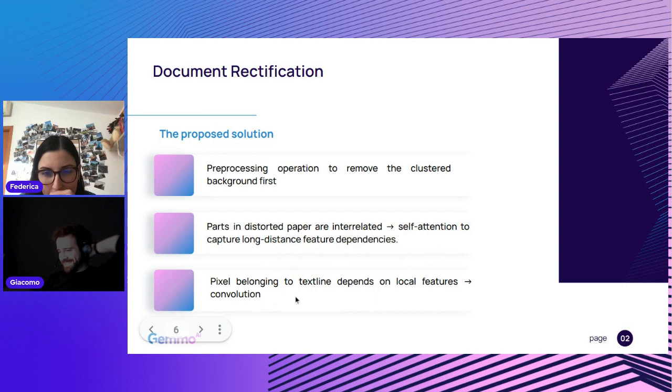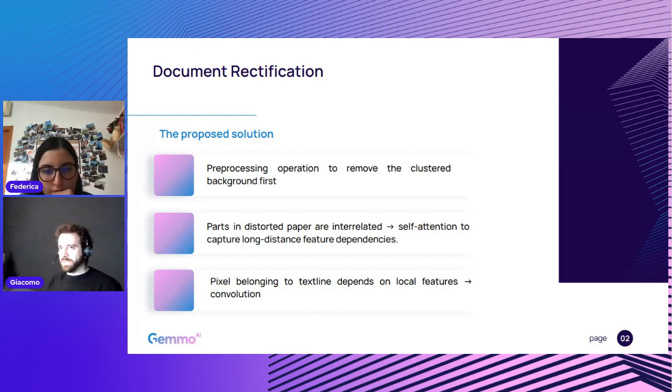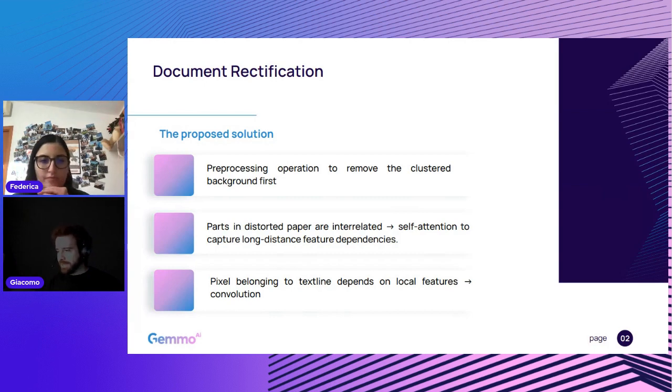And then there is this other thing about the convolution, that pixels belonging to the same text line, essentially we say that two pixels belong to the same text line judging from the local behavior. Okay, so we are not interested in the long distance, but we are interested in the short distance.